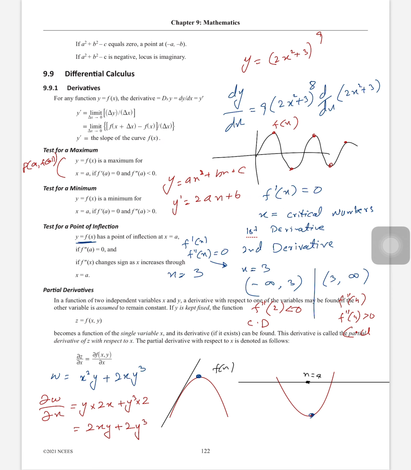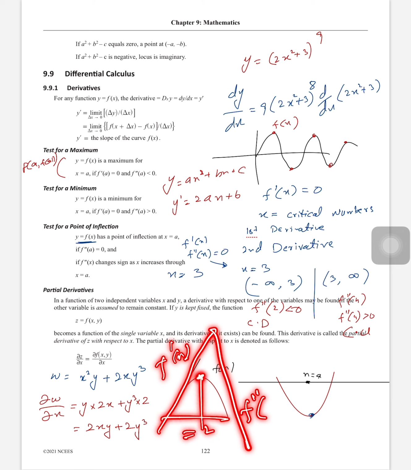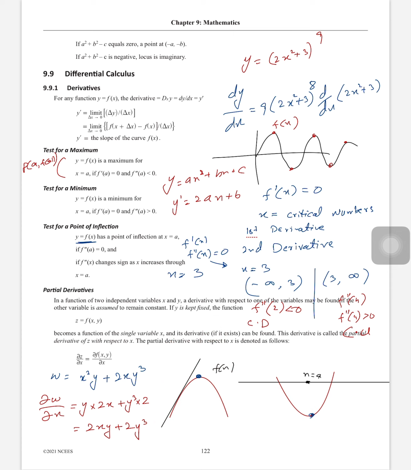How? If we see the scenario of the maximum point, on the left side of this point the slope is increasing, so this is the first derivative, right? And the second derivative is decreasing. So if at a critical number, any number, the double derivative is less than 0, then that is a point of maxima.